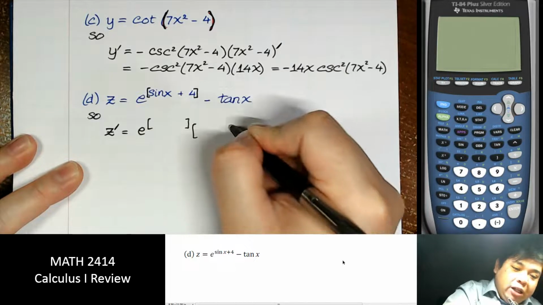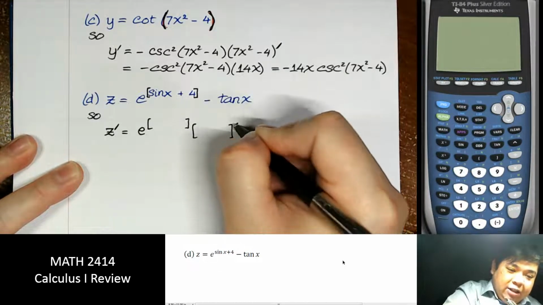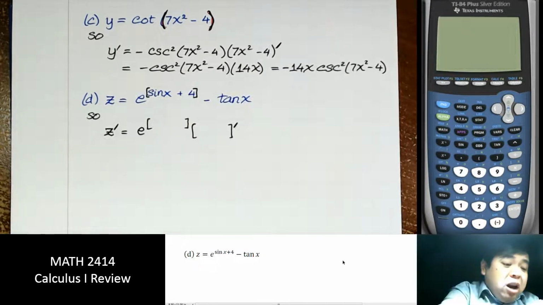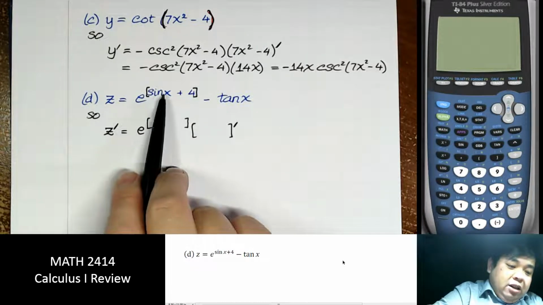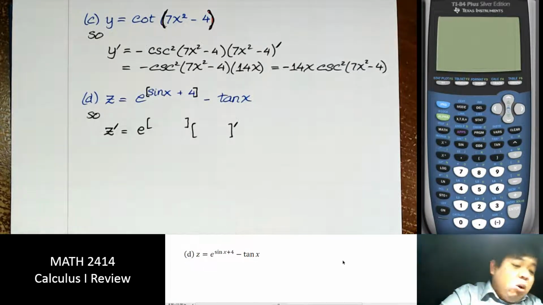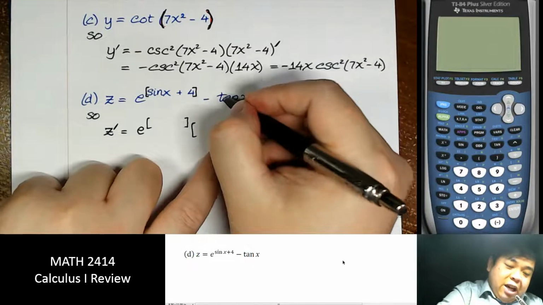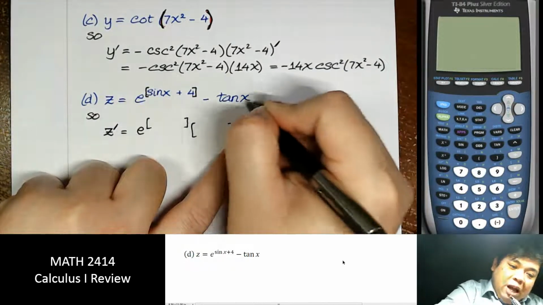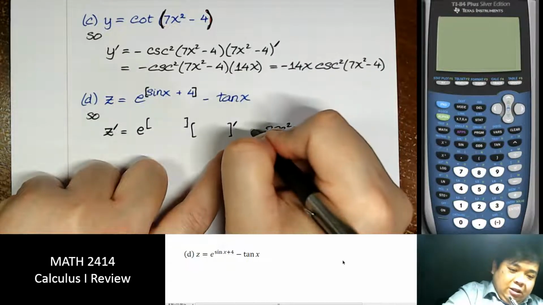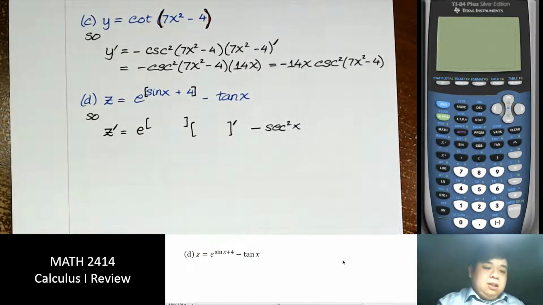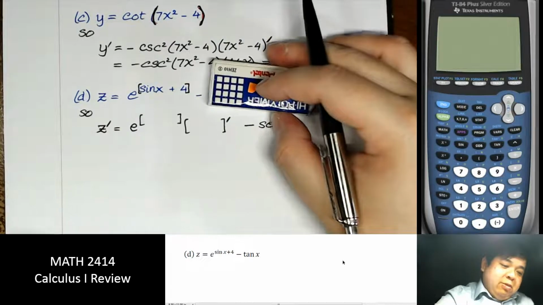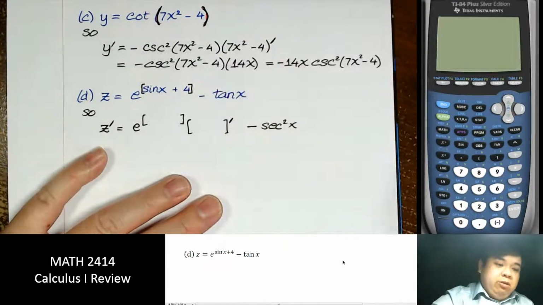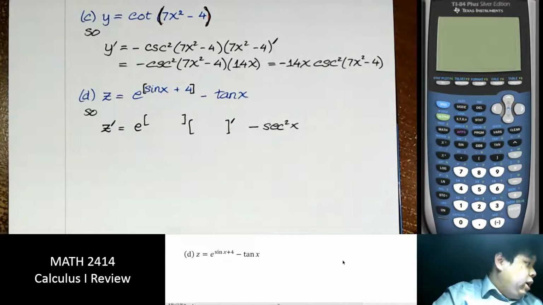The chain rule says we take the derivative of that. It doesn't matter what is inside the exponent, that's what we have. And the derivative of tangent is secant squared. So that takes care of the tangent. So take the derivative of the exponent first, and then the derivative of the tangent is secant squared.